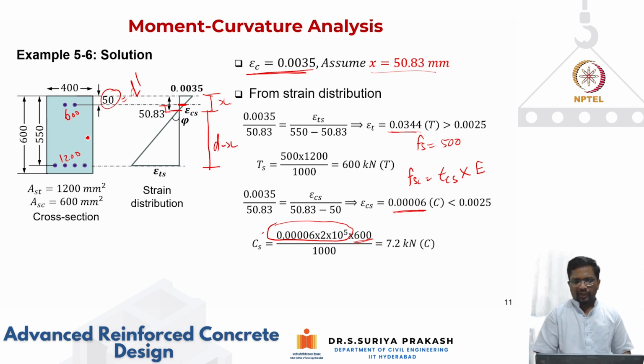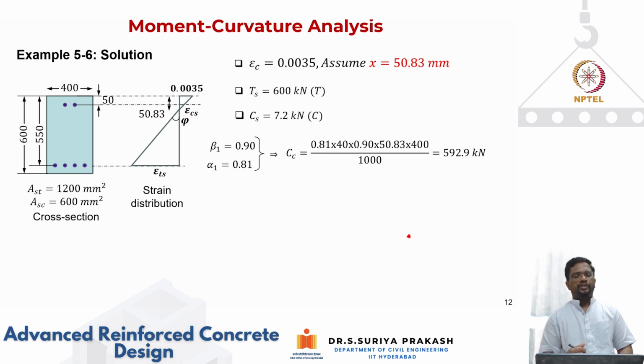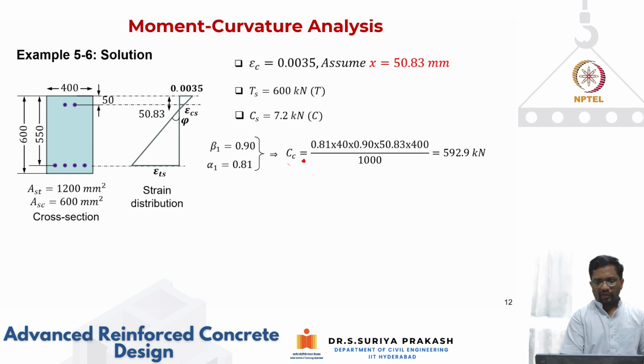So if you substitute, you get a very small force of 7.2 kilonewton. So it's not much. But when you look at this, you get tension force is this, compression force is this, and then I have to calculate the concrete force in compression. That is given by alpha f prime c beta 1 x multiplied by breadth of the section. We get about 592.9 kilonewton.